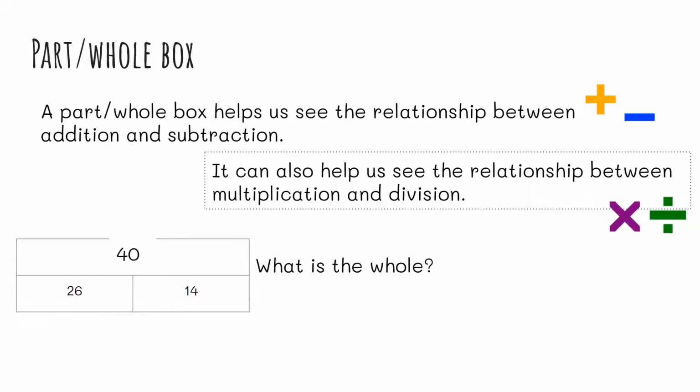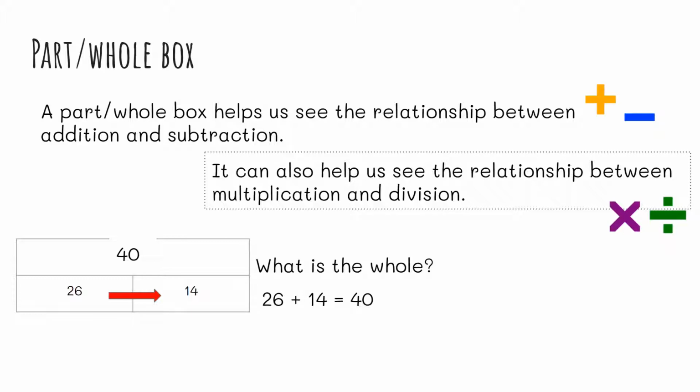The whole number is 40. So 26 plus 14 is 40. Right? 26 plus 14 is 40.